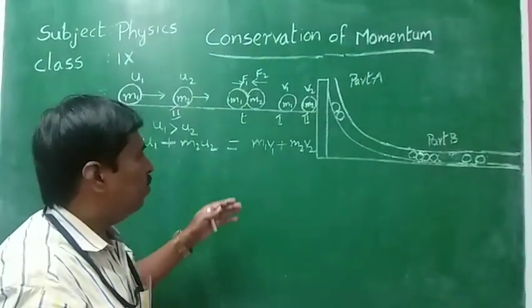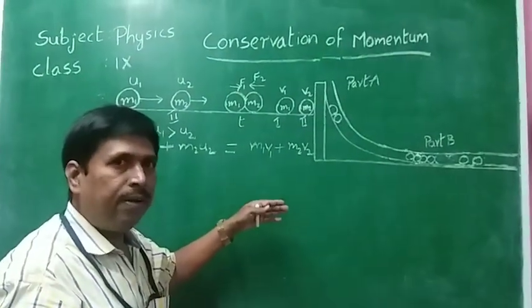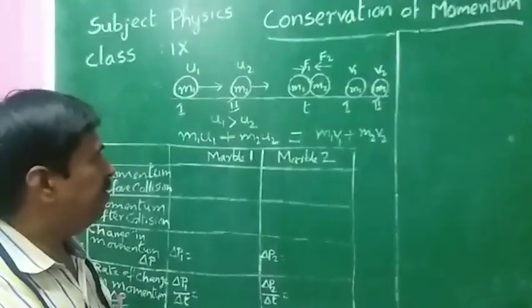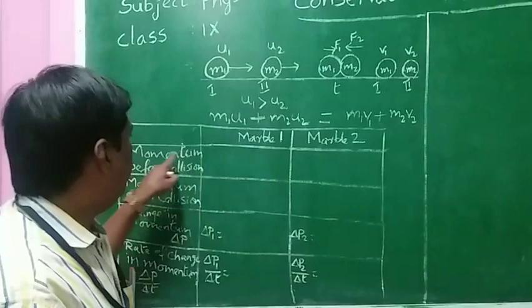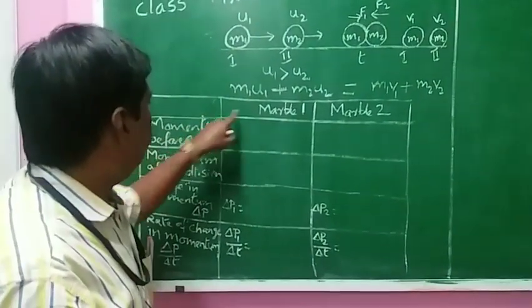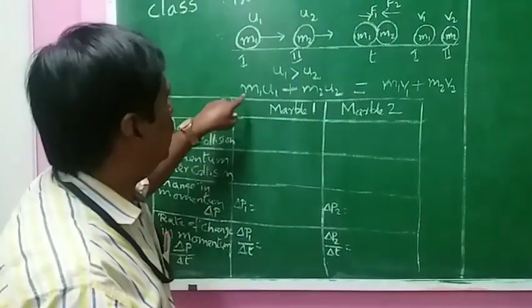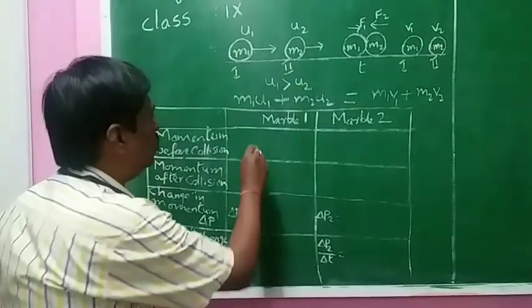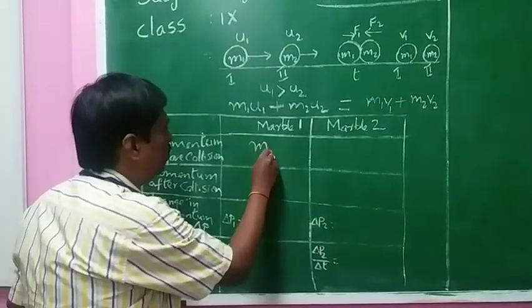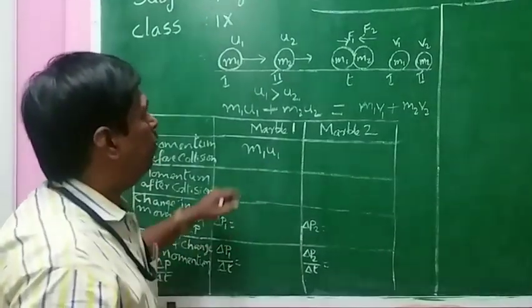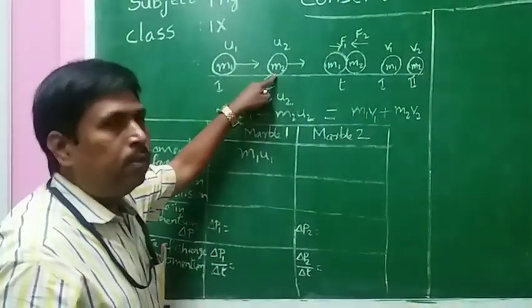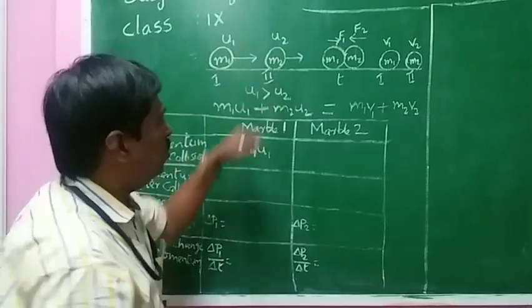For that we require a tabular column. I will draw the tabular column now. In the tabular column, we have marble 1 and marble 2. The momentum of marble 1 before collision is m1 u1, and the momentum of marble 2 before collision is m2 u2.